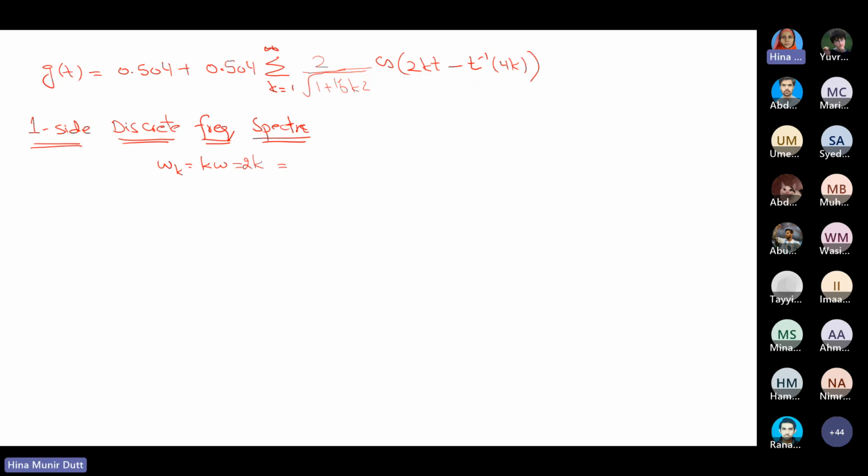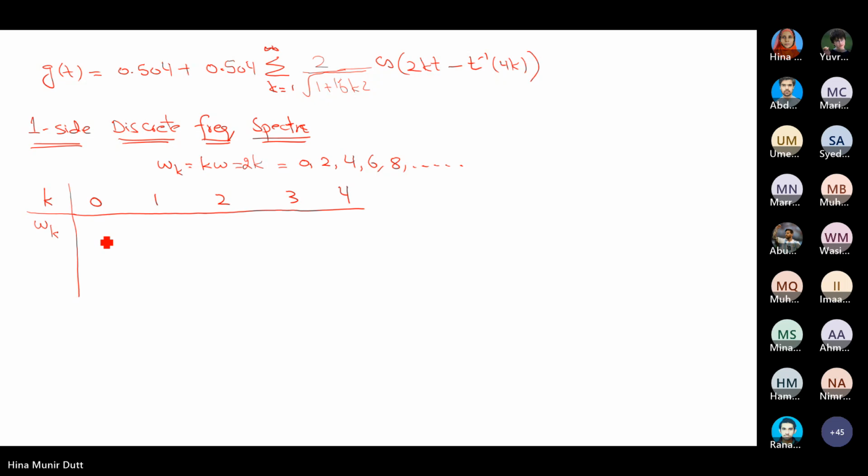K is from 0 to infinity, so it is 0, 2, 4, 6, 8, and so on. That is, I can take k values 0, 1, 2, 3, 4. So my frequency components are 0, 2, 4, 6, 8.